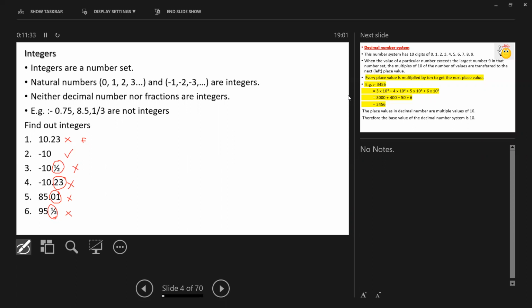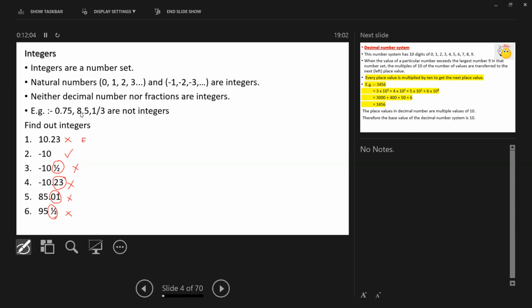There cannot be a decimal part or fractions. Decimal number here means the dashama sankhya, okay? Or bhaga sankhya.